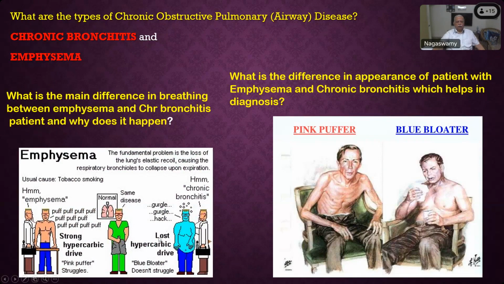They have less of a response to the accumulated carbon dioxide. So they lost the hypercarbic drive, and that is the reason why they are not puffing as much as the pink puffers of emphysema. Okay, so chronic bronchitis patients have lost the hypercarbic drive, and this is the normal person who is happy. So you can see, remember this picture, which will tell you why these things happen.